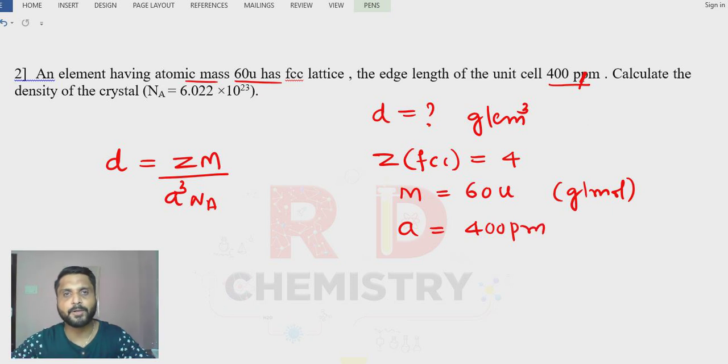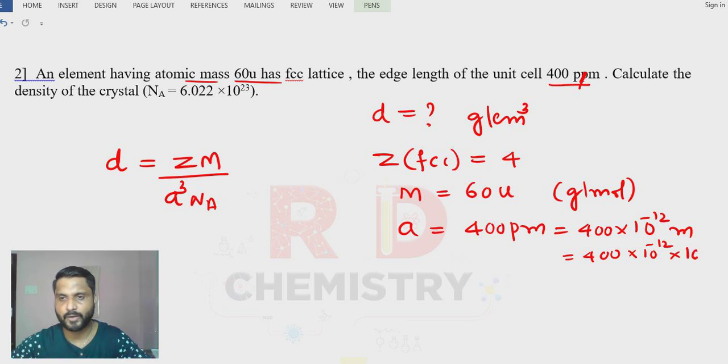This 400 picometer should be converted to centimeter. So this is 400 into pico, which is 10 power minus 12 meters, so 400 into 10 power minus 12, and 1 meter is equal to 100 centimeter, right? So therefore finally we can write 4 into 10 power minus 8 centimeter.